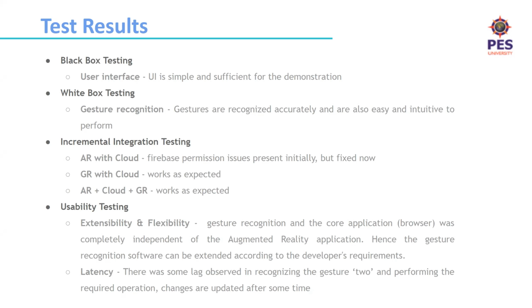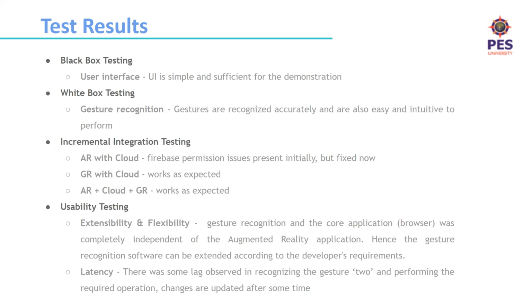With respect to usability testing, we focused on two main criteria. The first was extensibility and flexibility, and the second was latency. Since we made the whole system a collection of tiny subcomponents, each component can be replaced by any other component that the user desires.